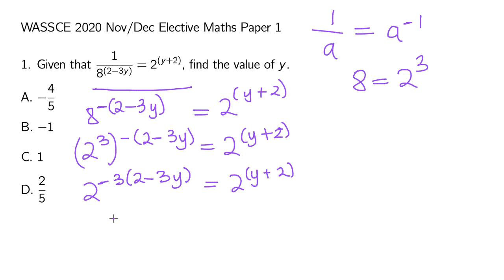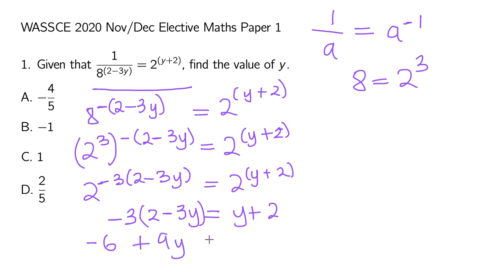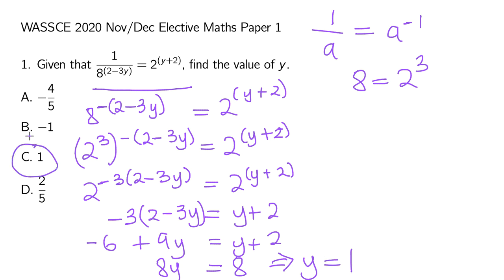We equate the indices, so negative 3 into 2 minus 3y is equal to y plus 2. We expand to get minus 6 plus 9y equals y plus 2. From this, we get 8y equals 8, and therefore y equals 1. So that's our answer, C.